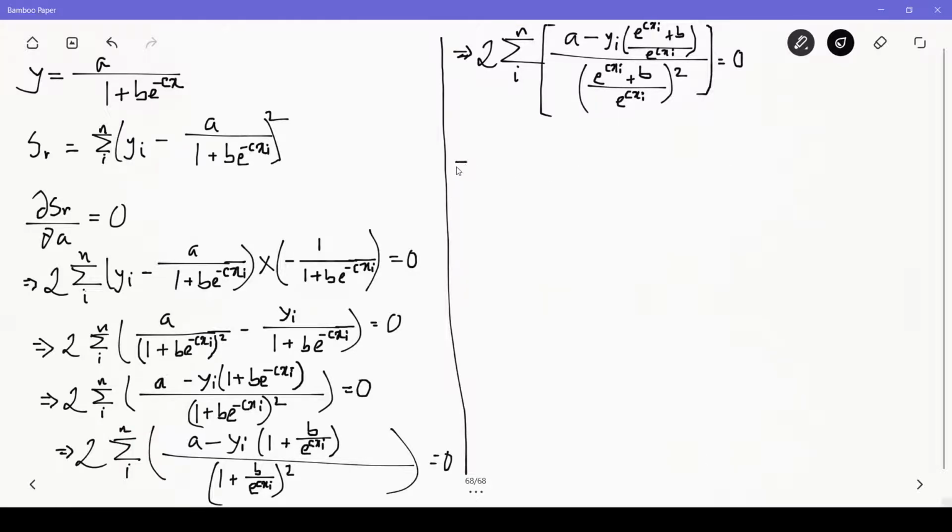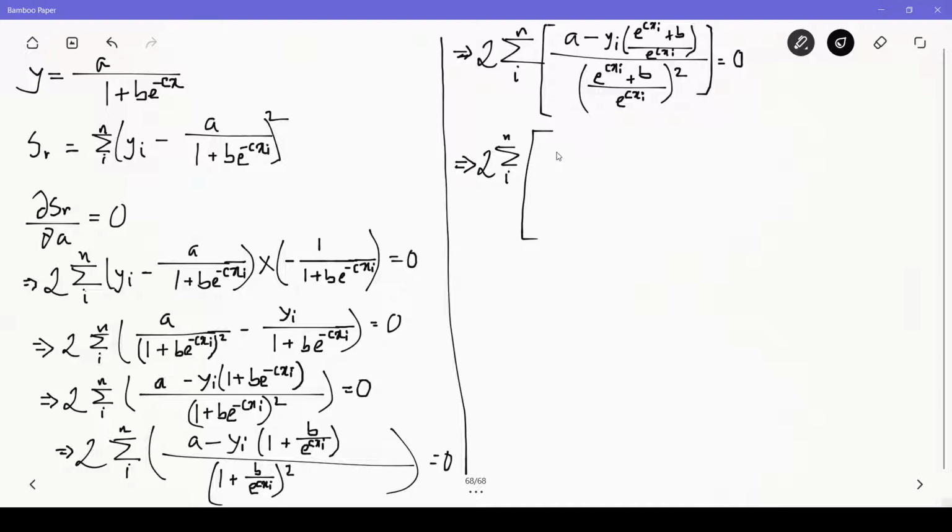Now what we can do is we'll expand the numerator further, and we'll see that we'll be able to cancel out the e to the power cxi's. Okay, let's see how we can do that. So let's expand it further. So we take this e to the power cxi and take it to the top.